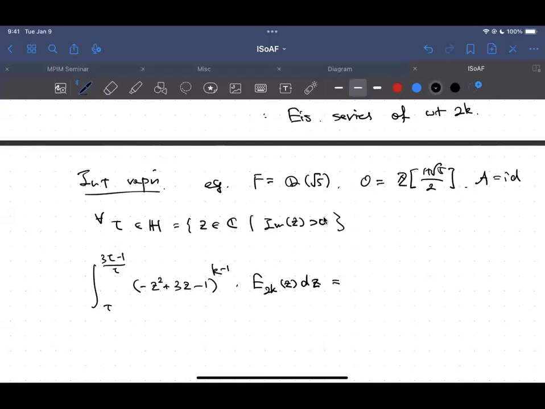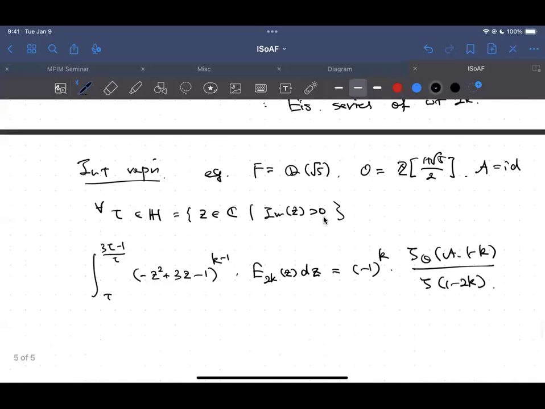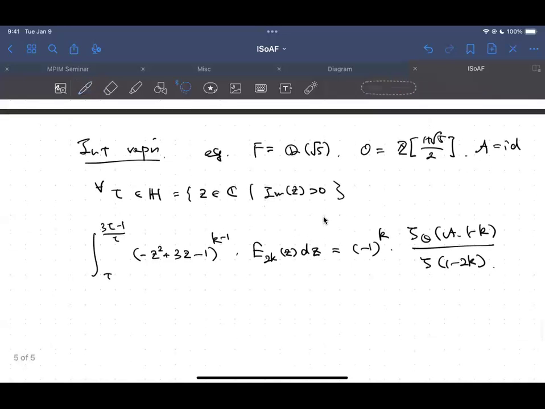Then it is known that this integral of the Eisenstein series becomes some sign times this partial zeta value divided by the Riemann zeta value.